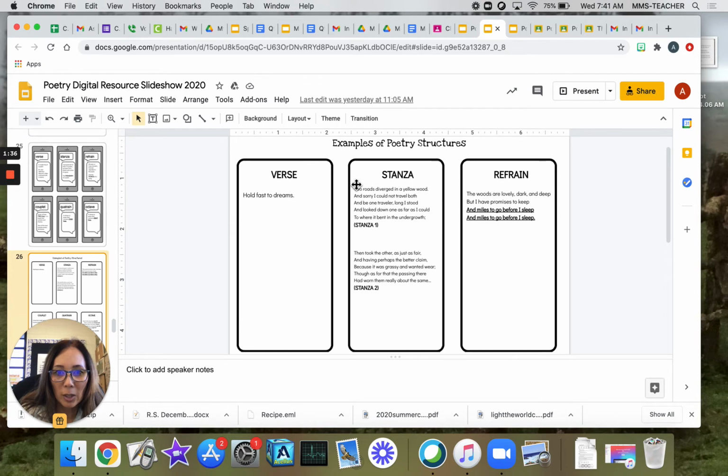You can see this is stanza 1 and this is stanza 2, and you can see that it looks like a paragraph, right? So the stanza reads, "Two roads diverged in a yellow wood, and sorry I could not travel both. And be one traveler, long I stood, and looked down one as far as I could, to where it bent in the undergrowth." So this is considered one stanza.